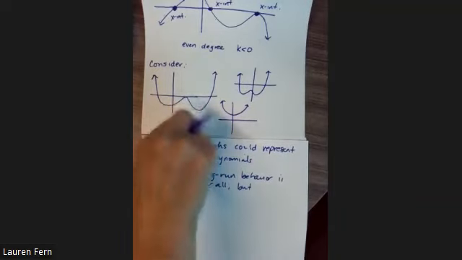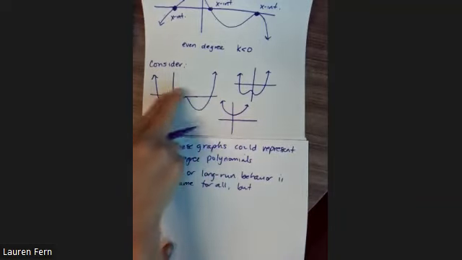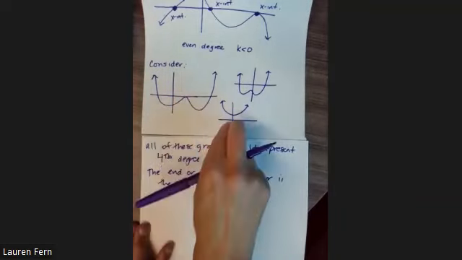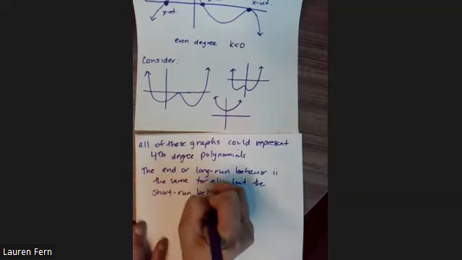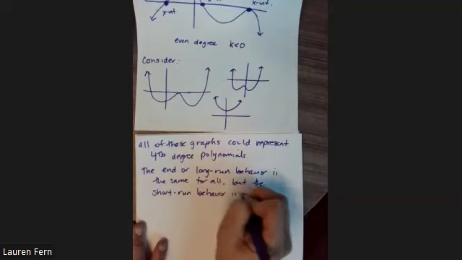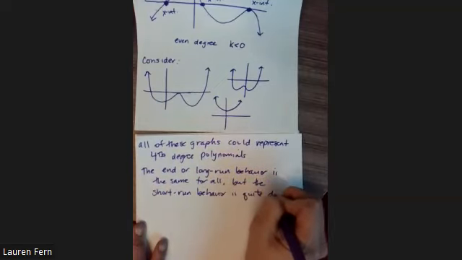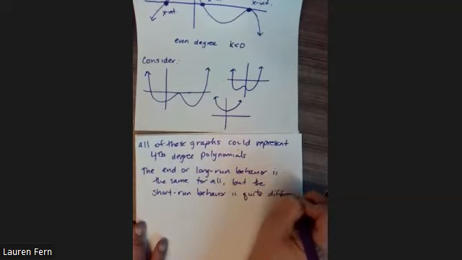But the short run behavior, in other words, what happens within this area here is quite different. So what we're going to do now is hone in and analyze this short run behavior.